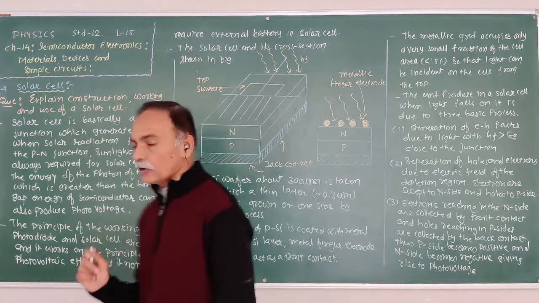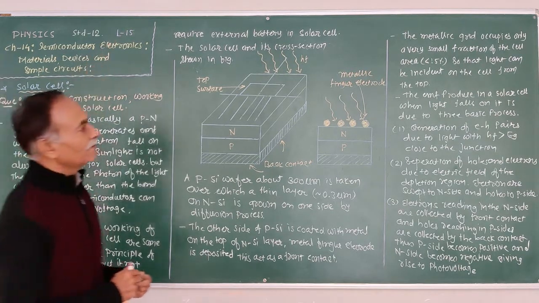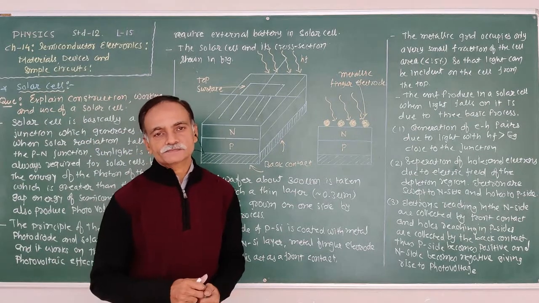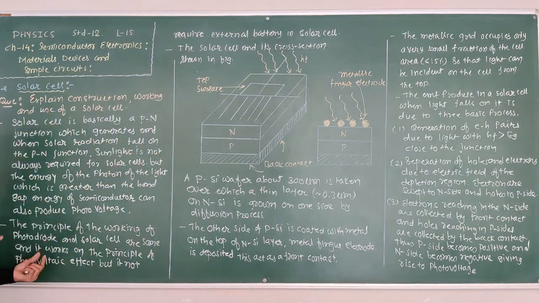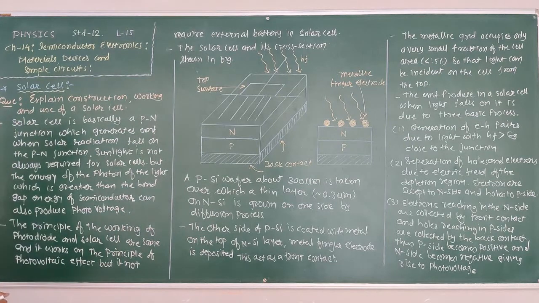The principle of working of the photodiode and the solar cell is the same, and it works on the principle of the photovoltaic effect, but the solar cell does not require an external battery. In both cases, light is incident on the PN junction diode.